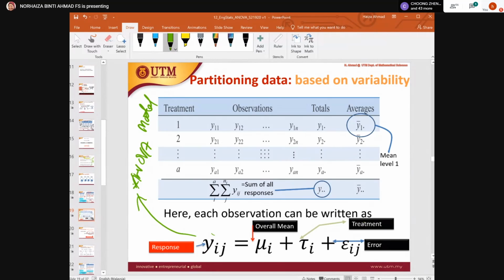So the concept of ANOVA is that the observation that you have can be decomposed into these three parts: overall mean, treatment, and error. Okay, this is also known as the ANOVA model, which you can see in your section 6.2, page 128.